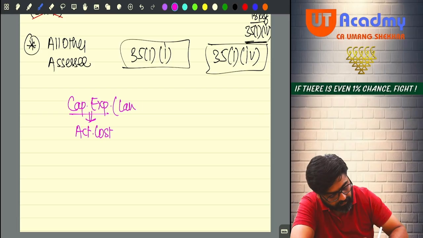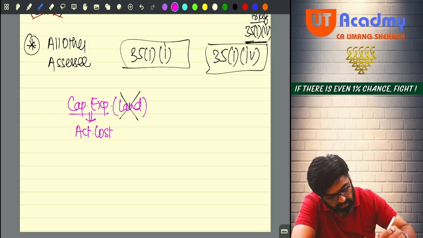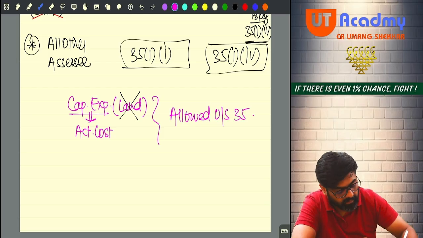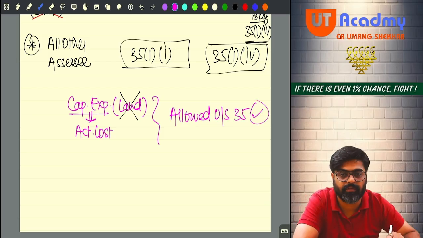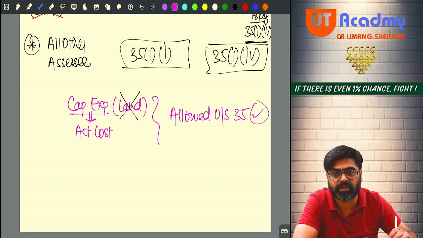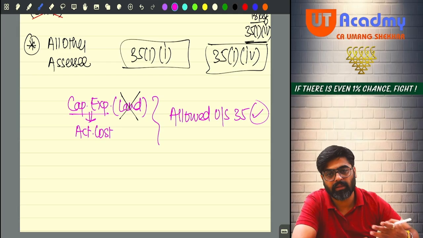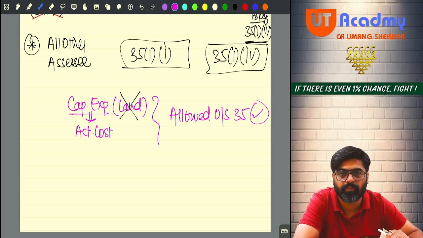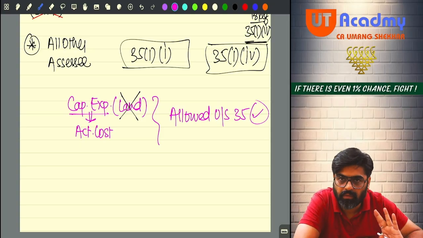Other than cost of land, that capital expenditure is allowed under section 35. You are saying that I am purchasing this asset for the purpose of scientific research, and the actual cost of that entire asset you have claimed as a deduction under section 35. Entire cost is allowed, no?